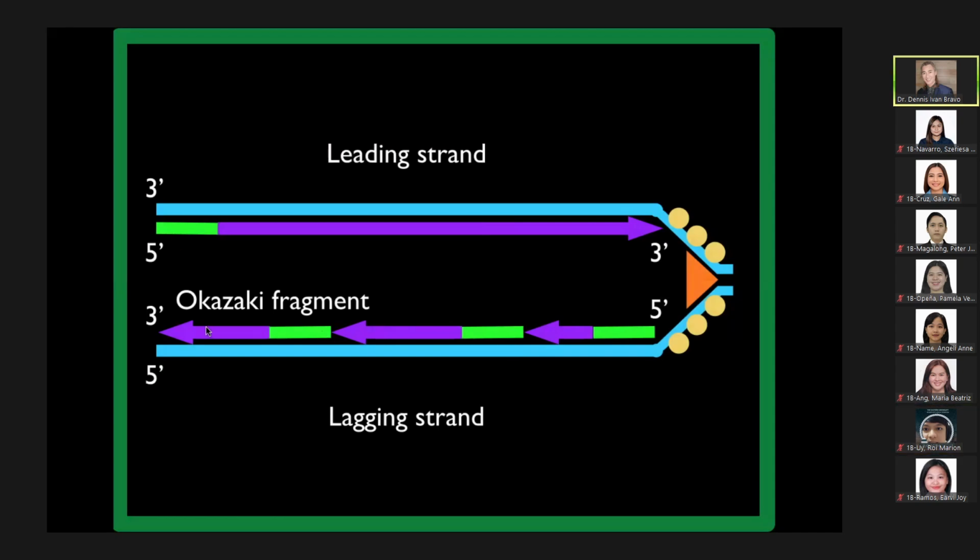So this is an Okazaki fragment, and so is this. So you can say that Okazaki fragments make up the lagging strand, or the lagging strand is composed of several individual Okazaki fragments. Now, what is the direction of growth of the individual Okazaki fragment? Is it towards the replication fork or away from the replication fork? Away po. Right.